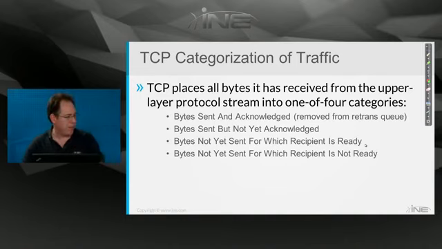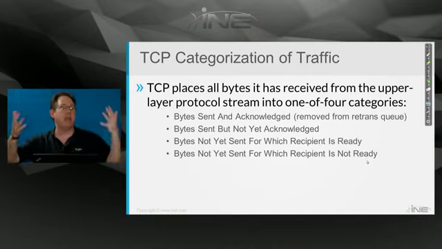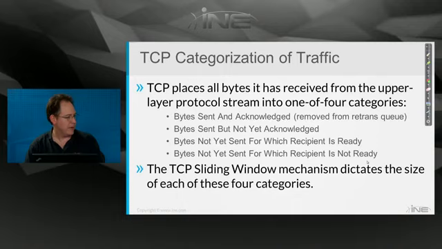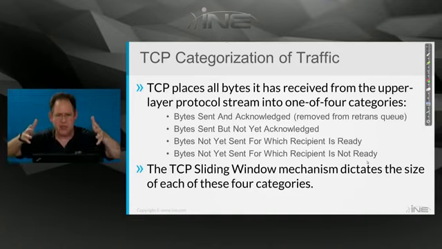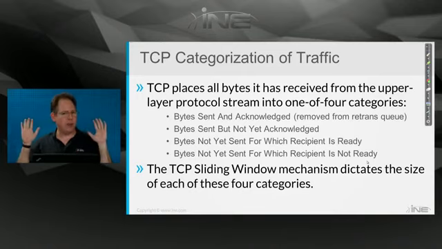That's the third category, but he hasn't sent it yet because he hasn't ramped up to that point. And then there's bytes not yet sent for which the recipient is not ready. That's above and beyond the 20,000 that I could actually handle at any one time. So the sliding window mechanism is dictating this, and this is the key concept: when a person is transmitting bytes, what's the maximum amount of bytes that could be out on the wire and unacknowledged at one time?